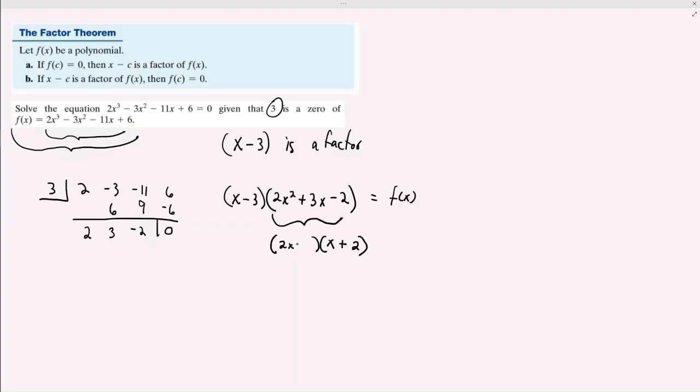And then minus 1 here to get a negative 2 here, and then the outer plus the inner makes the 3x, and we already had the x minus 3 factored over here. So we've got that third degree polynomial fully factored. And if I wanted to know the zeros of f of x, then I know that x equals 3 is a 0, x equals 1/2, and x equals negative 2.